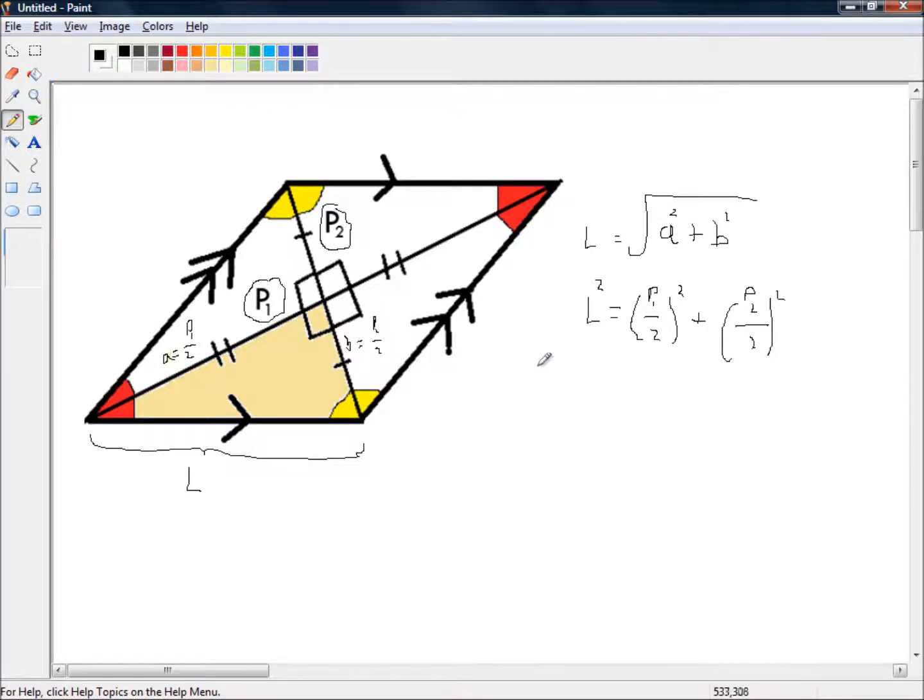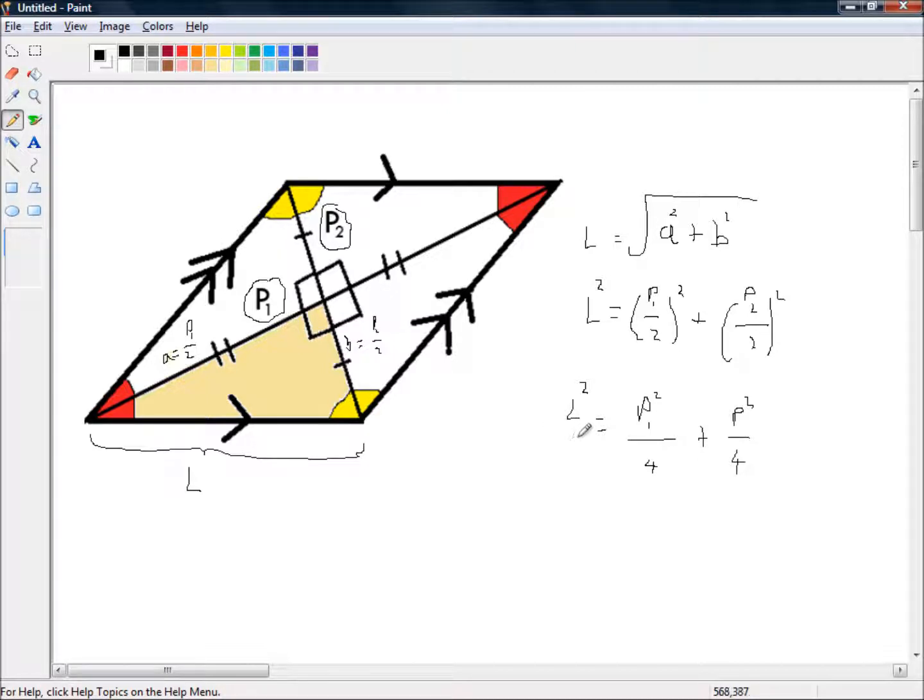So if we square these brackets, the length squared is just equal to P1 squared divided by 2 squared, which is 4. And we can do that because when we multiply fractions, we just multiply the numerator and denominator. And then that's added to P2 squared over 4, because 2 times 2 is 4, I hope.